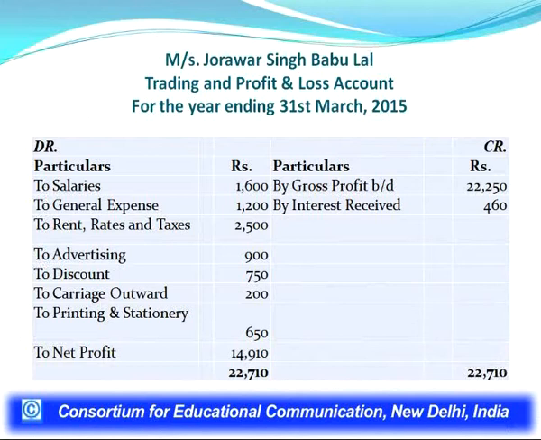All expenses mentioned in the question shall be recorded on the debit side, because all are indirect expenses: salaries, general expenses, rent, rates and taxes, advertising, discount, carriage outward, printing and stationery, and the balancing figure is net profit, that is 14,910.